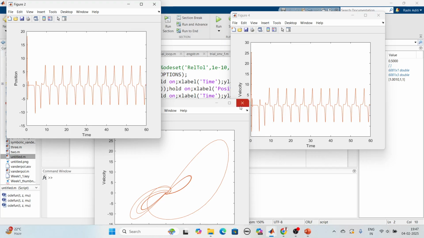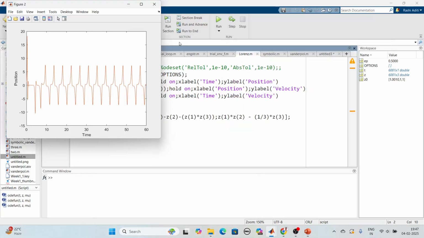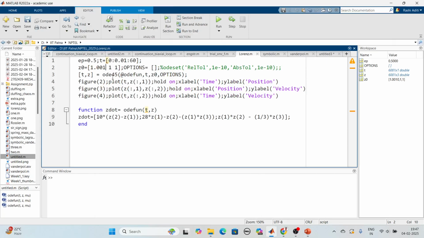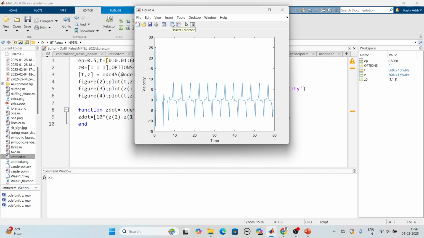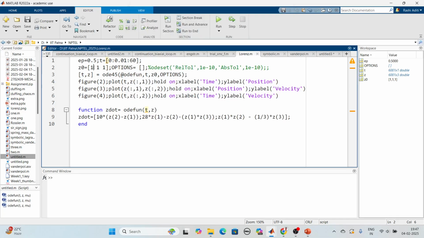Okay, let us just close it. I want you all to remember the change of value. It is 0.001. Okay, just remember this. Now let us change the value to again 1 and simulate. And now we change it to 1.1.